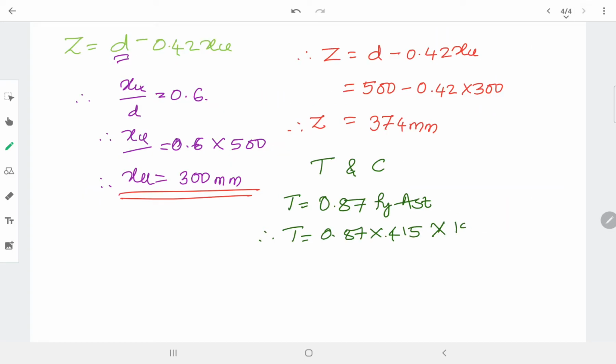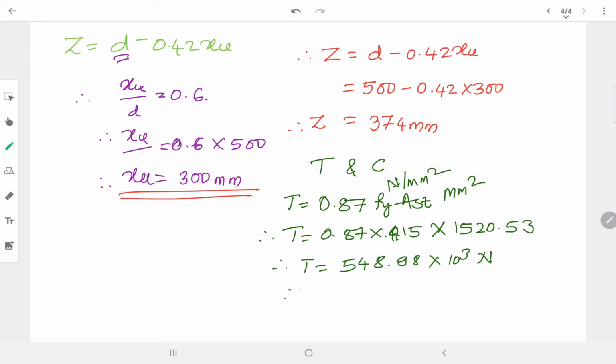When you solve this, Fy is in Newton per mm square and AST is in mm square. So whatever value you get will be in Newton itself, since Newton per mm square into mm square gives Newton. We got the value 548.98 into 10 to the power of 3 Newton.